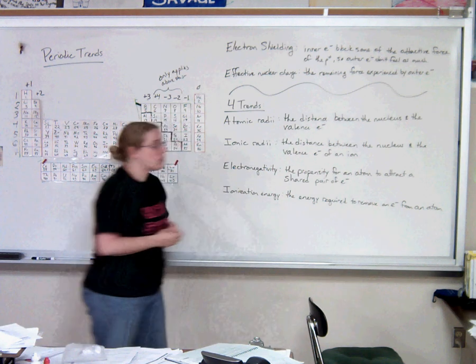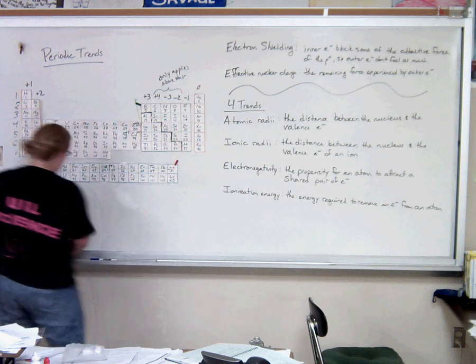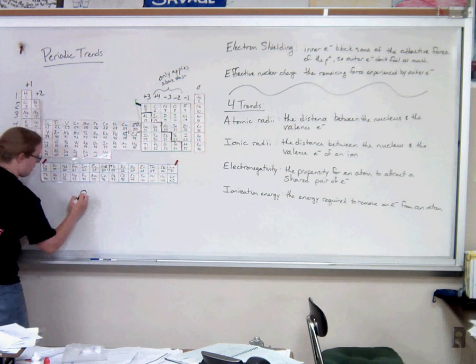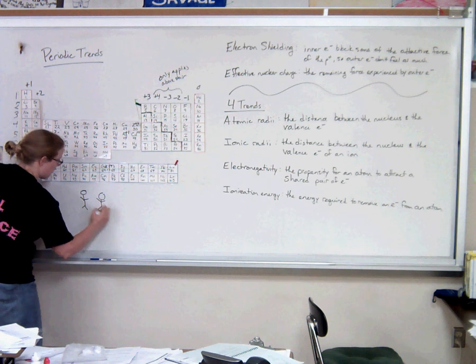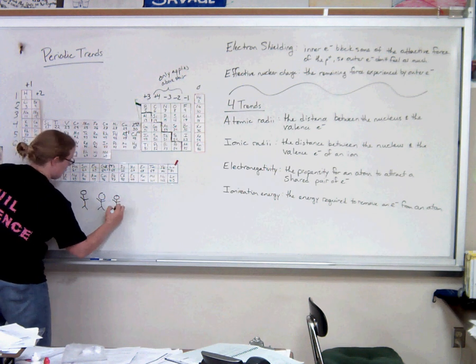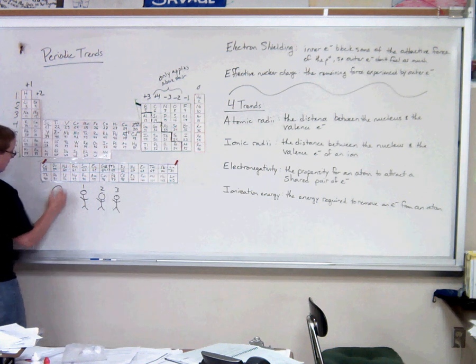Electron shielding works kind of the same way as if you had a row of people. So let's say we had 3 people. Some of them have rather large heads. Okay, person 1, person 2, person 3. And over here, we have a fan.